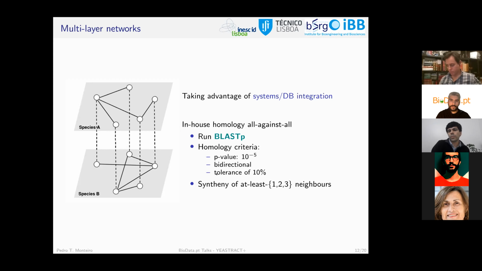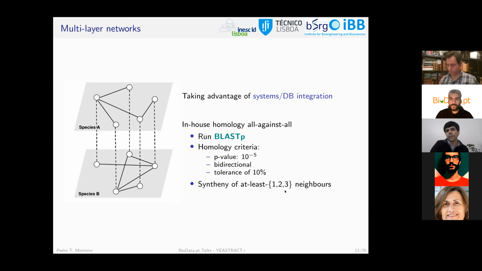And also, instead of just accounting for the best hit, we have a tolerance of the BLAST score of 10%, where we also include BLAST hits that are less than 10% away from the best BLAST score. And so this way, we can account for gene duplications and check homologs that are closely related.